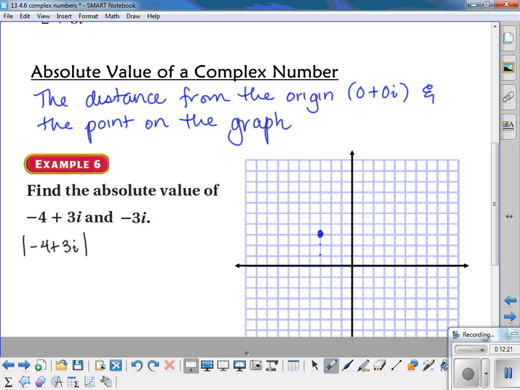So that's the point -4 plus 3i. Except I counted wrong, didn't I? I just realized that. 1, 2, 3, 4. There we go. 1, 2, 3. That is the point right there. So -4 plus 3i.